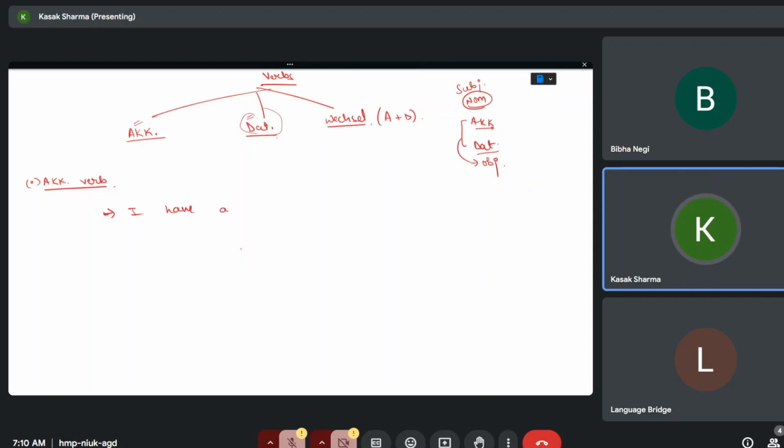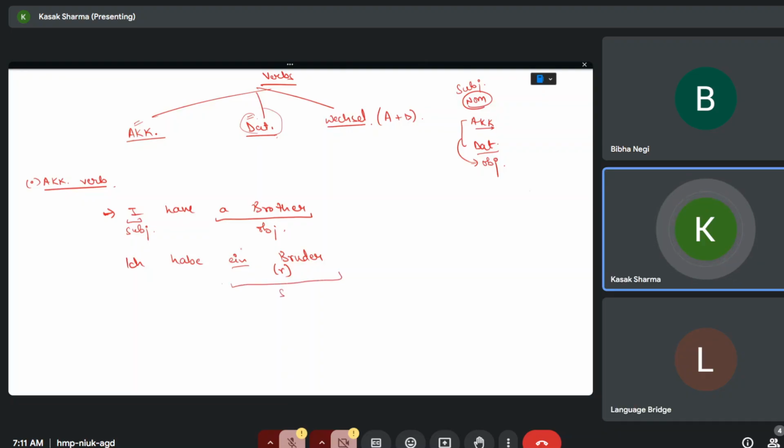For example, I'm saying: I have a brother. In this sentence, a brother is the object, correct? And I is the subject, right? If I write "ich habe ein Bruder", because the article in the indefinite form is ein, then ein Bruder is also acting like a nominative subject, and ich is also a subject.